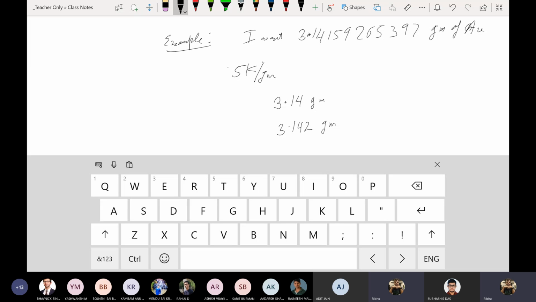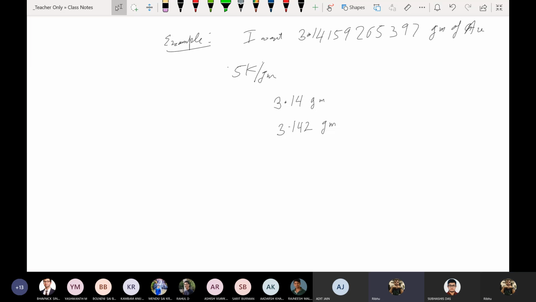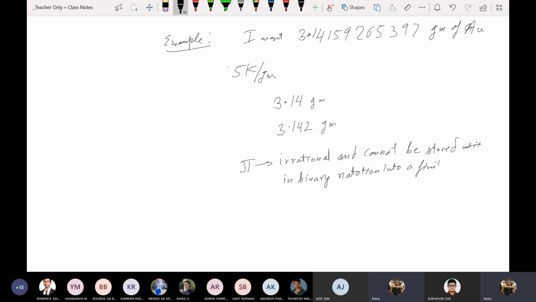Now the fun thing is that this pi with infinite precision is an irrational number and cannot be stored in binary notation in a finite number of bits.